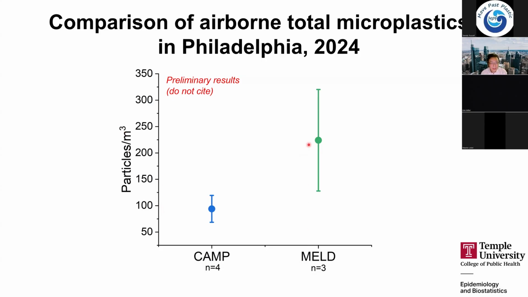However, in our MELD study, the airborne microplastics concentration is approximately 225 microplastics per cubic meter. So in a nutshell, the indoor air concentration is approximately 2 times greater than the outdoor air.